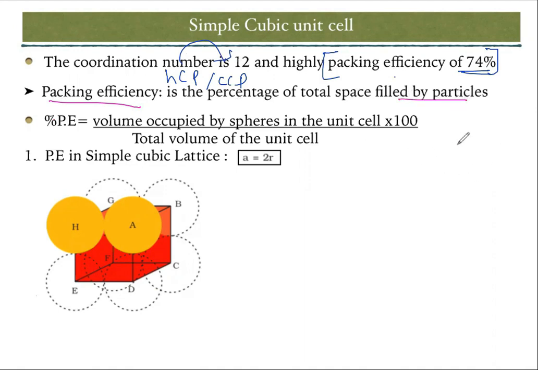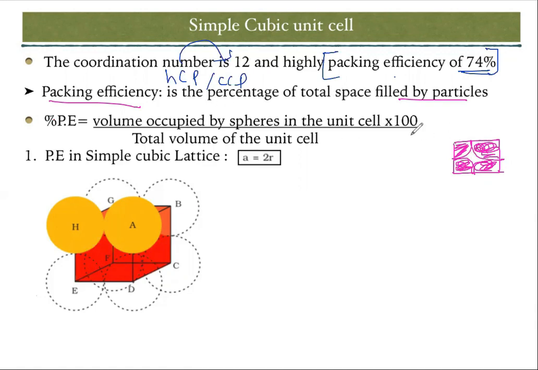In simple words, let us take an example in 2D. If in a square the atoms are packed like this, these are the filled atoms, but this is empty. So packing efficiency is nothing but how much of the total area is covered by these atoms, in simple words.